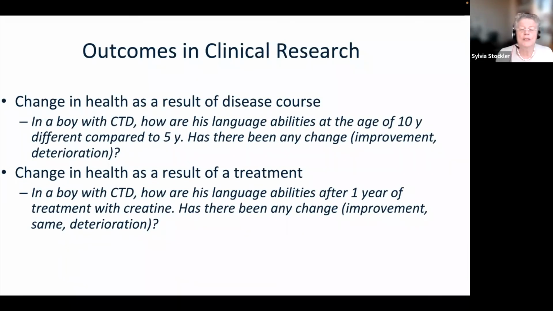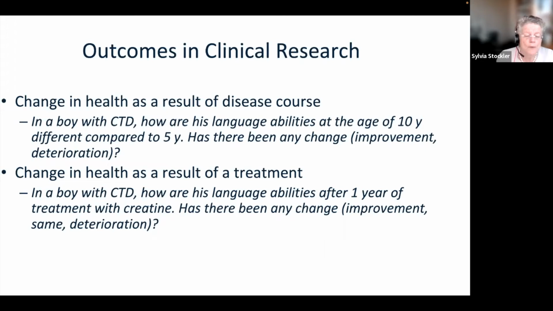But when we look into clinical research, outcomes are defined more specifically. So in clinical research, outcome describes a change in health as a result of the disease course, for example.